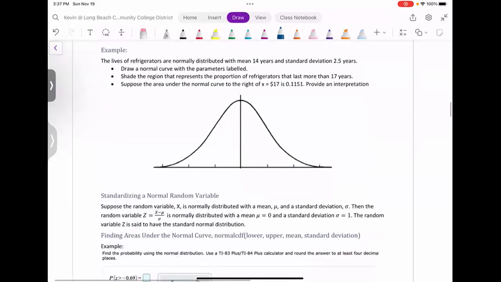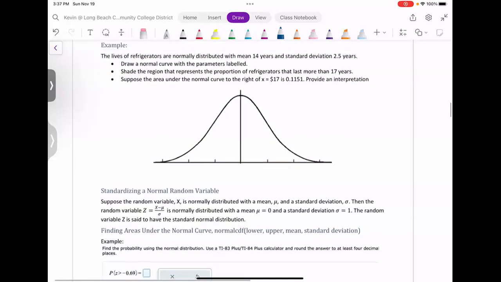All right. We have another one here about refrigerators. The lives of refrigerators are normally distributed with a mean of 14 years and a standard deviation of 2.5. We're going to start out by writing in the labels here. So this is going to be in years now. And right in the middle, we have 14.